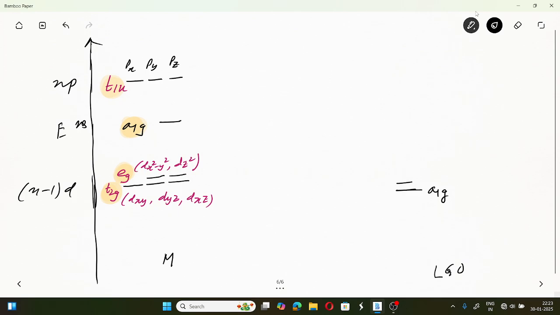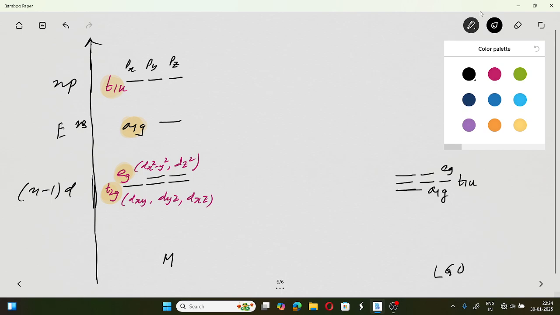A1G, next we have shown T1U, and also we have shown EG. So we have considered them to be of practically similar energy, the LGOs. The energy should be slightly lower than that of ND.